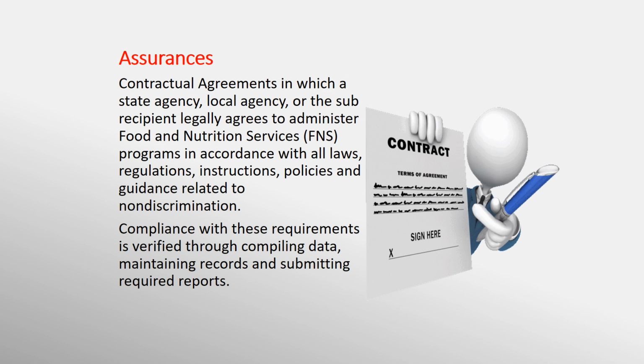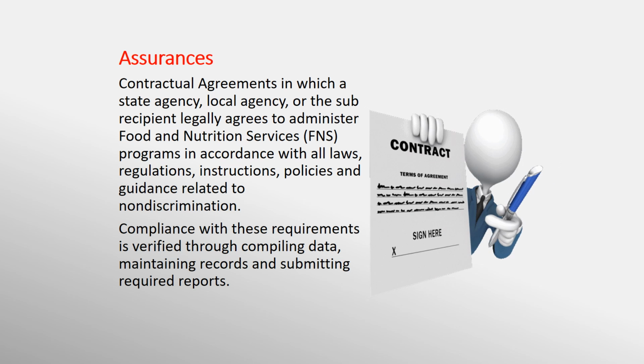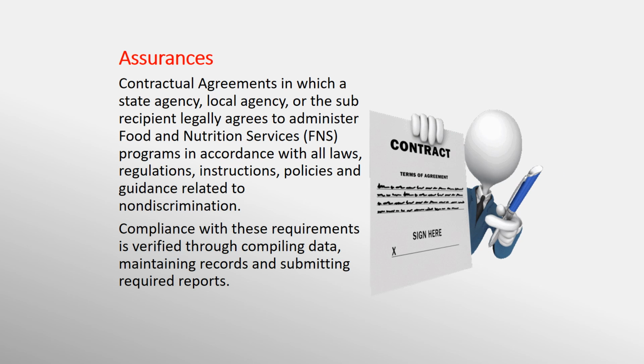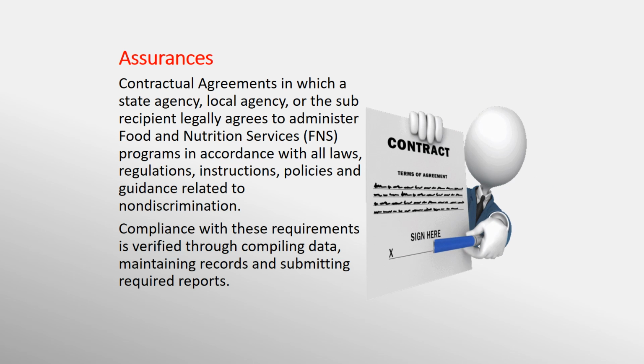Assurances are contractual agreements in which a state agency, local agency, or the subrecipient legally agrees to administer food and nutrition services programs in accordance with all laws, regulations, instructions, policies, and guidance related to non-discrimination. Compliance with these requirements is verified through compiling data, maintaining records, and submitting required reports.